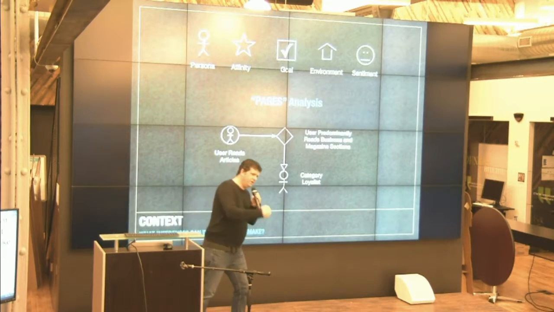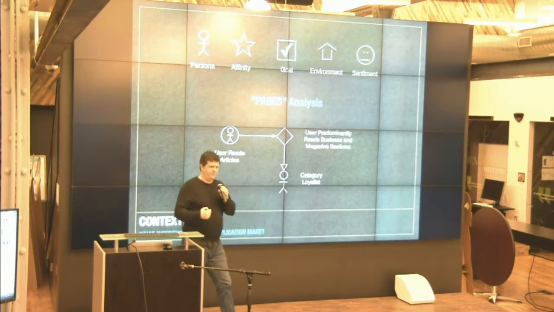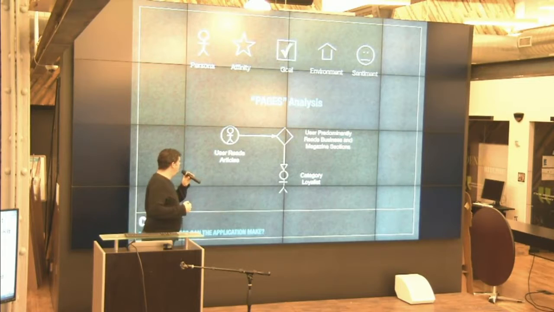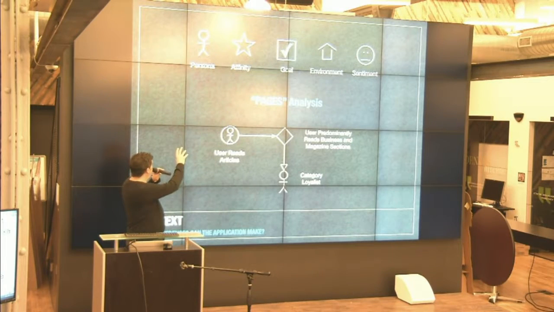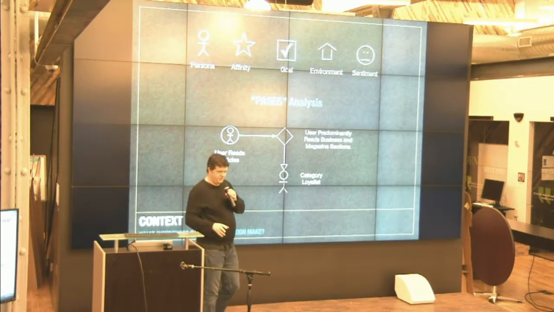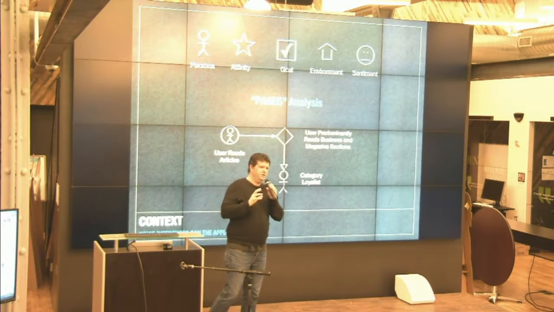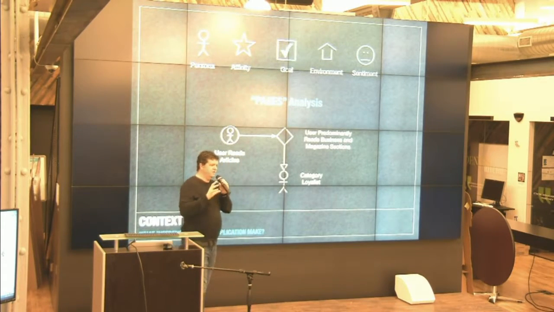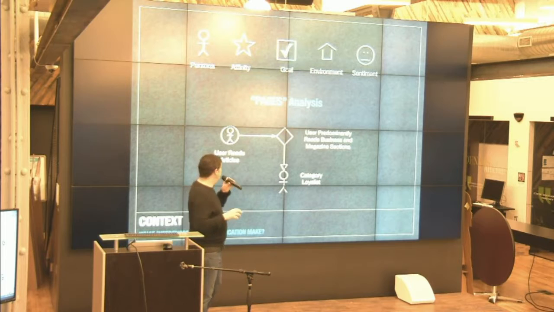So now we've got that data, what does it mean? And this is a structure, somewhat ironically, called PAGES analysis. And it is based on dividing context up into these elements that comprise the overall context of the interaction.